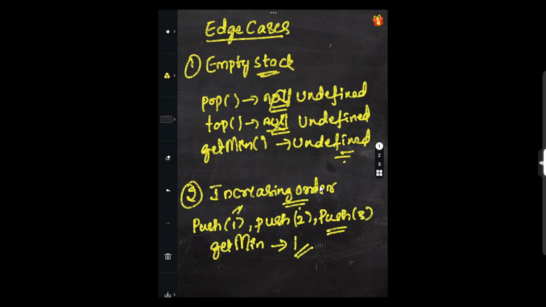And then the pop and the get min here, this will be 1 as well. We are popping the top of the stack, that is nothing but the 3 here. So the minimum remains the first pushed element, right? So we know this one.